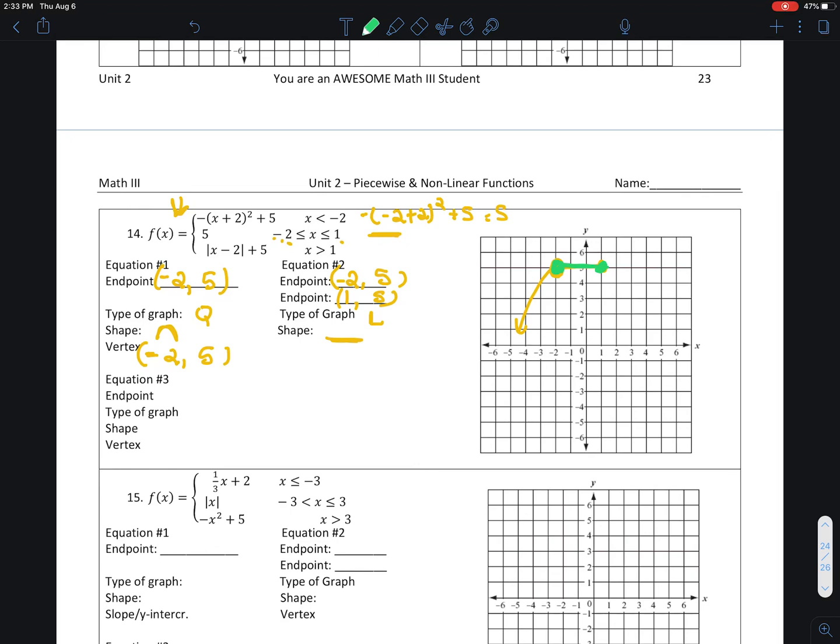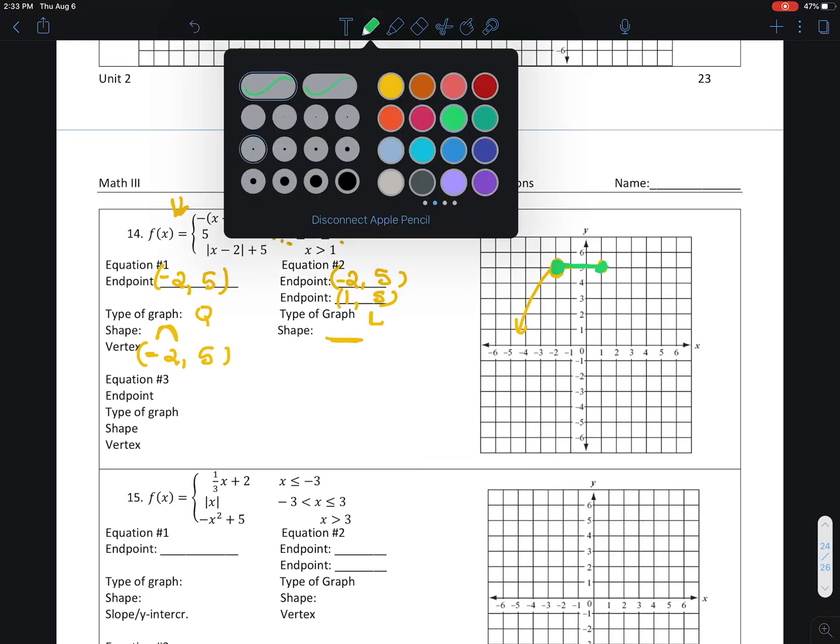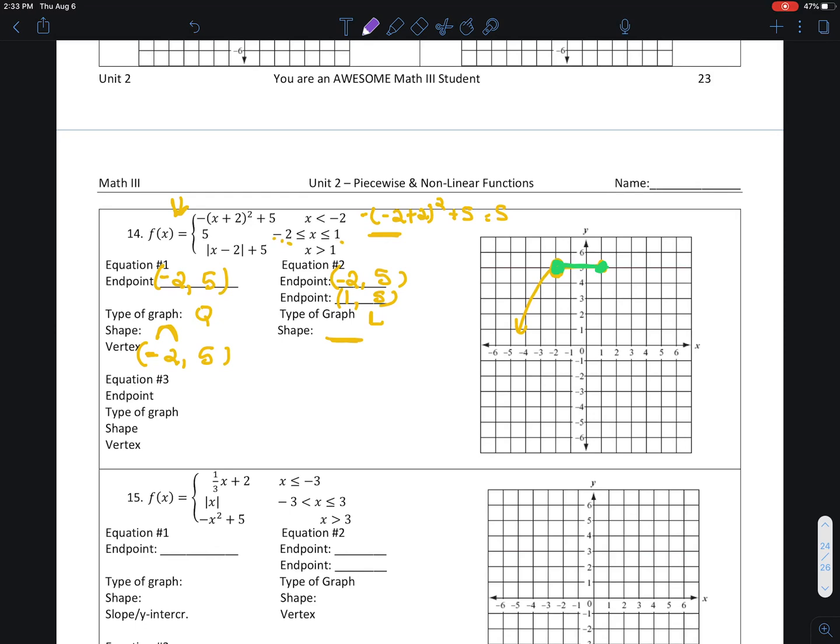Okay, and then our last one is an absolute value, and it looks like it has a vertex at 2, 5 as well. So let's put in x is 1. So when x is 1, we get the absolute value of 1 minus 2 plus 5, which is negative 1.